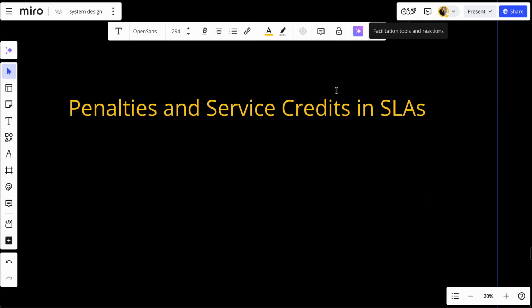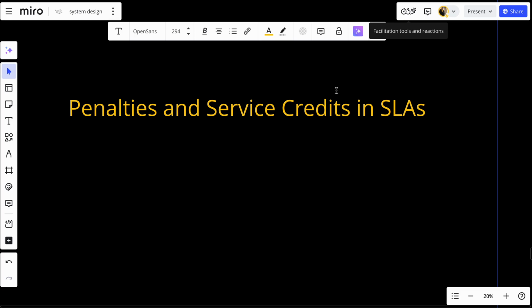Okay. What happens if a provider fails to meet the SLA? Many SLAs include a clause for penalties or service credits. If the provider doesn't meet the agreed upon uptime or reliability metrics, the customer can receive compensation in the form of service credits or discounts on future bills. For example, if the cloud provider guarantees 3 nines uptime but only delivers 2 and a half nines, they might offer service credits equal to a percentage of the customer's monthly fee.